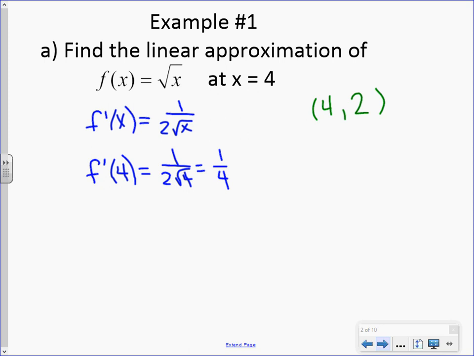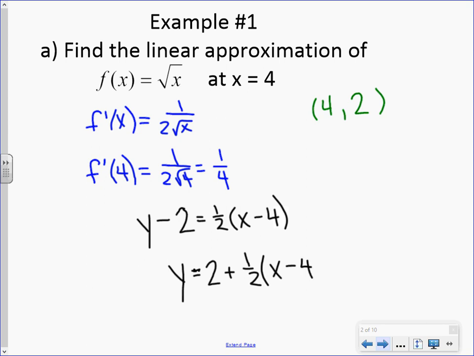So if we write the equation of our tangent line, we have y minus 2 equals slope times x minus 4. Okay? And the only difference thing that we are doing is we are adding over that 2.